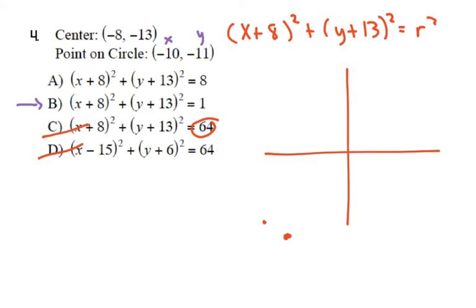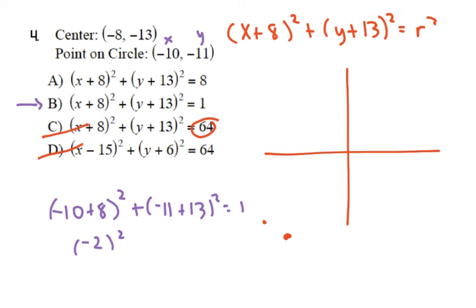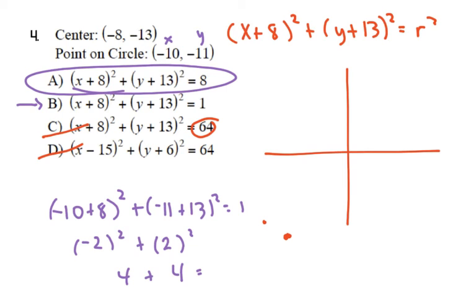So I'm going to just plug in. Negative 10 plus 8, quantity squared, plus negative 11 plus 13, quantity squared, is that equal to 1? So I've got negative 2 quantity squared plus positive 2 quantity squared, so that's 4 plus 4. Yeah, that's not equal to 1, but it is equal to 8. So if I plug in these points, I'm actually going to get that one. So that's one of the ways that you can do that.